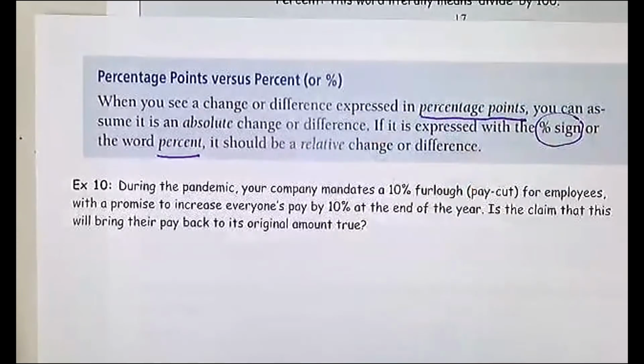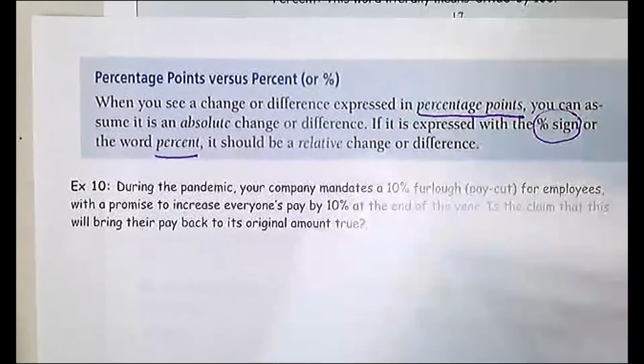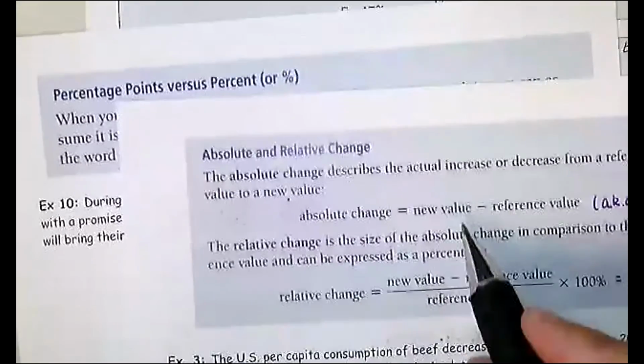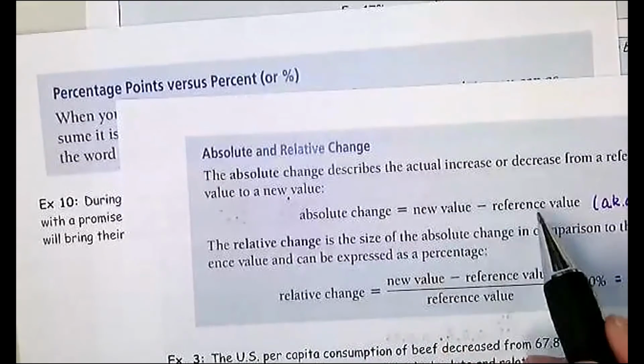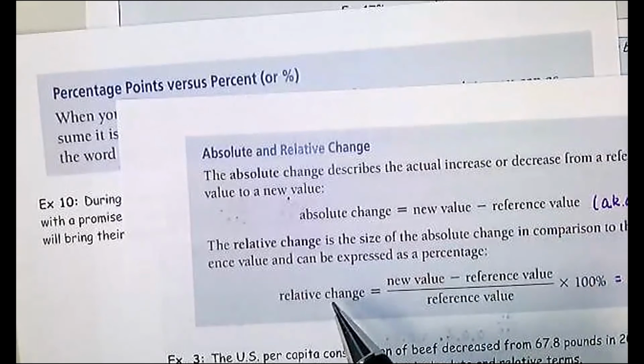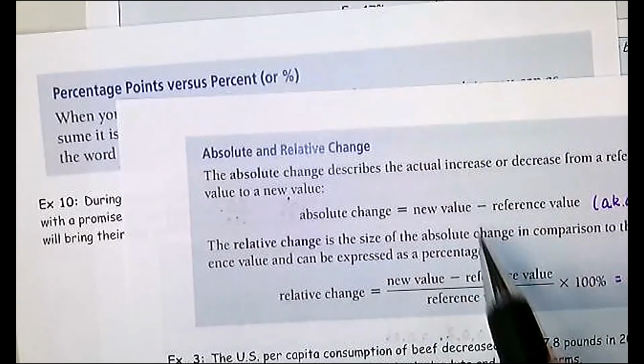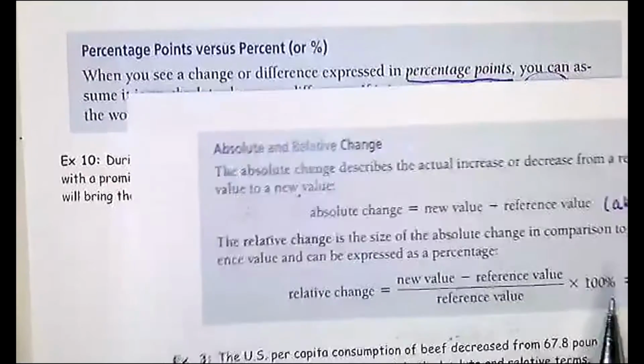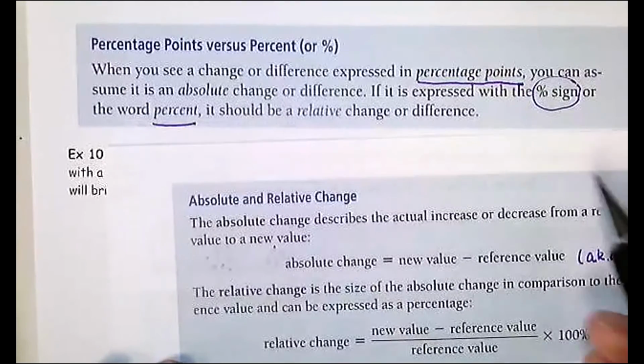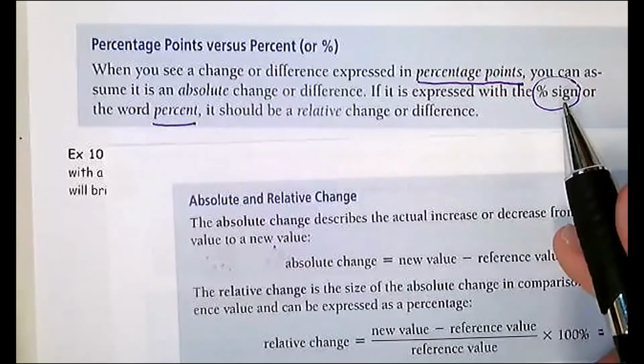Okay. And recall, what is the absolute change? Absolute change is just the difference between the two values. Relative change, you have to go one step further, divided by the reference value. Okay. So just pay attention. Do we have a percentage sign?